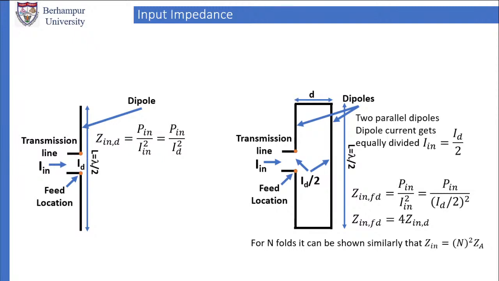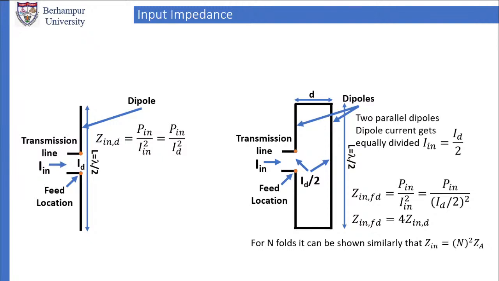Now when we consider a simple half-wave dipole antenna, the transmission line current will be the same as the dipole current. So the input terminal current I_D will be the same as the current carried by the transmission line.